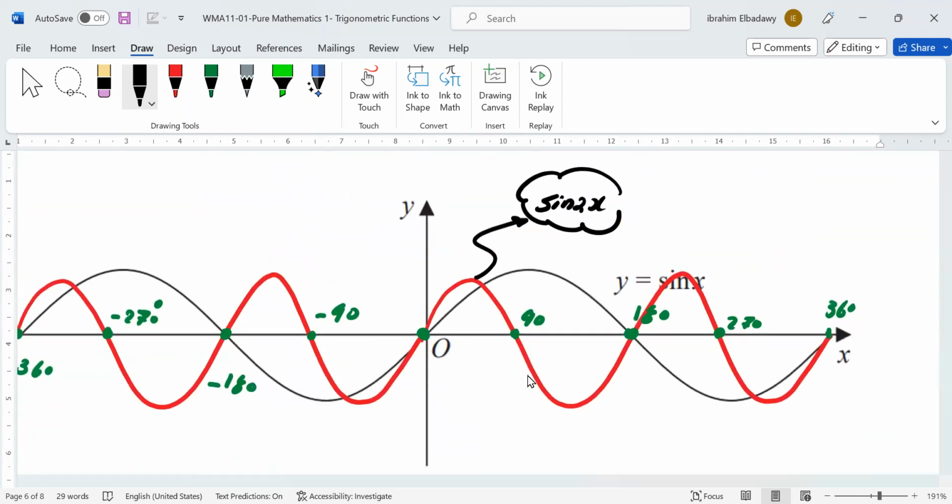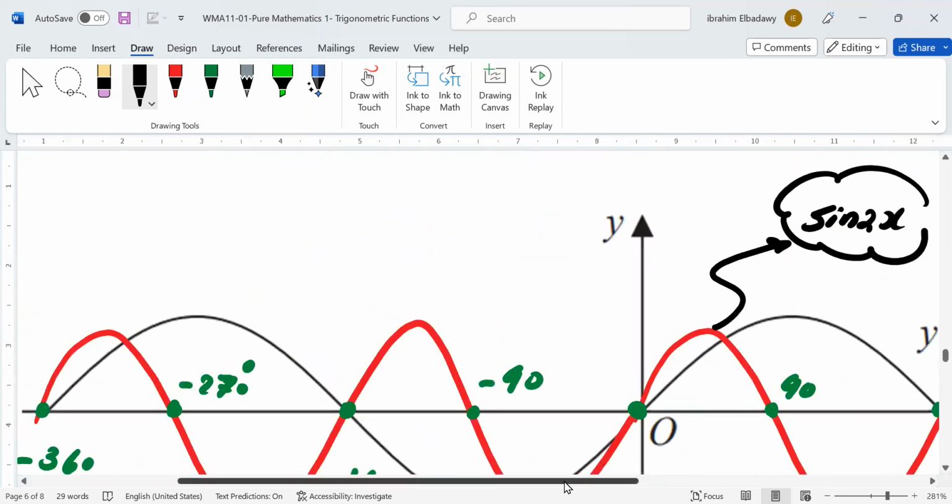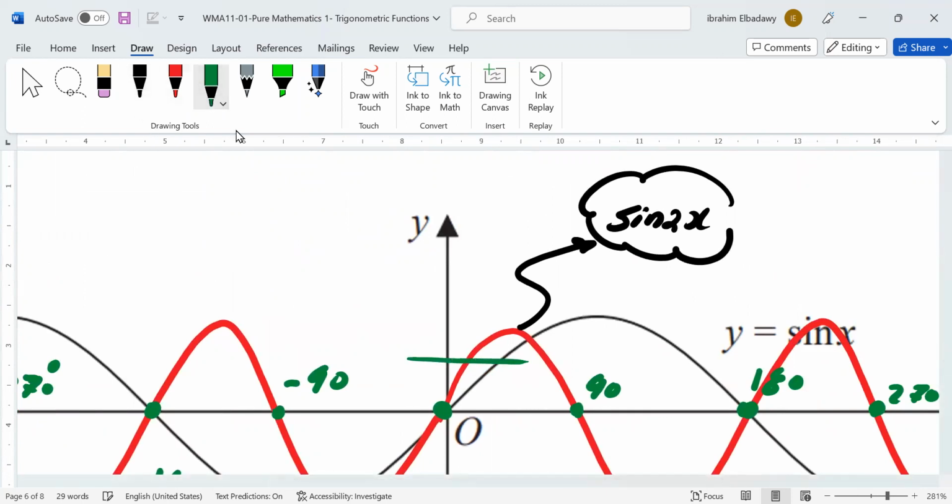Here, look. Let me make it larger to make you understand how I get it. If this value is b, and here is alpha, what about this one? The difference between black and red: the black is normal, the red is the normal divided by 2.